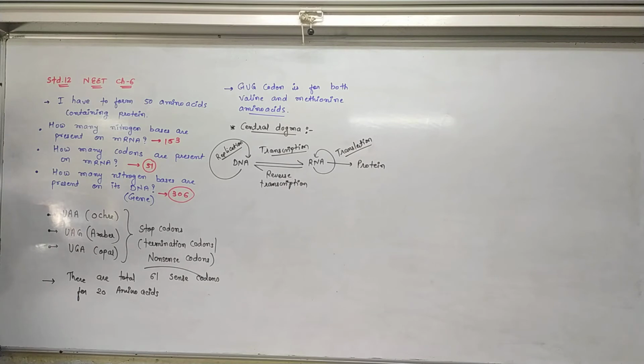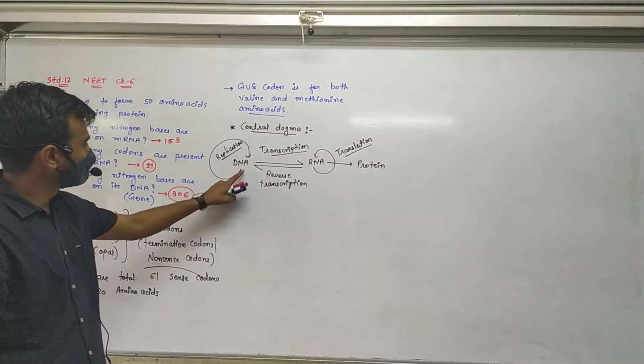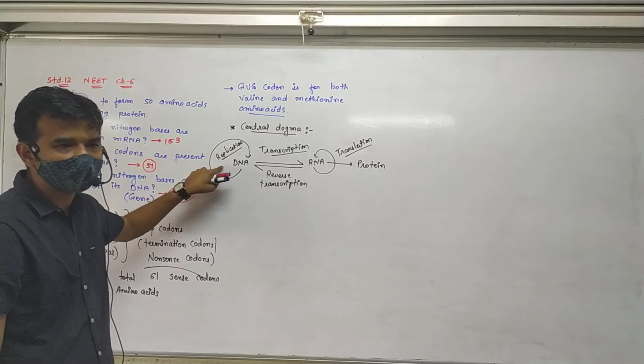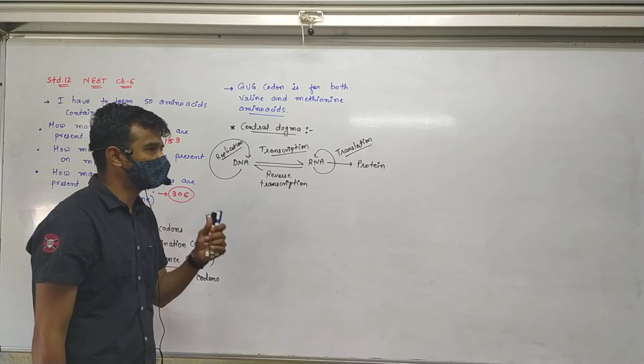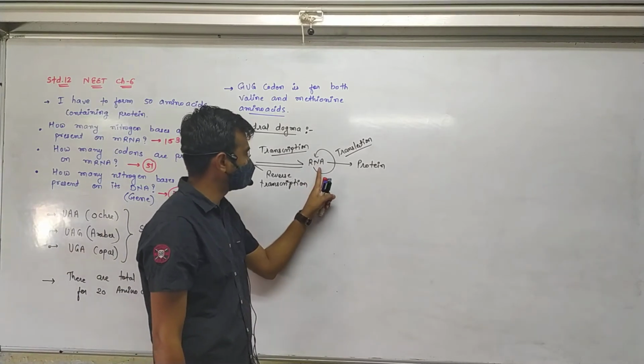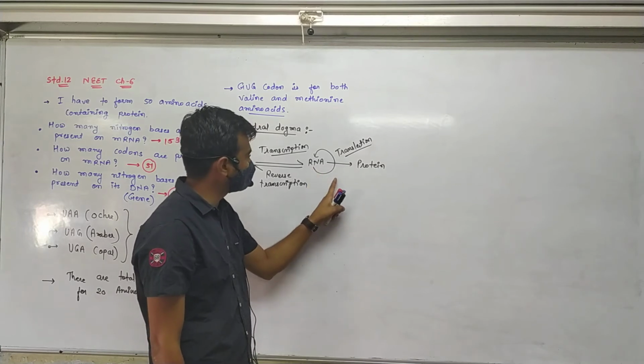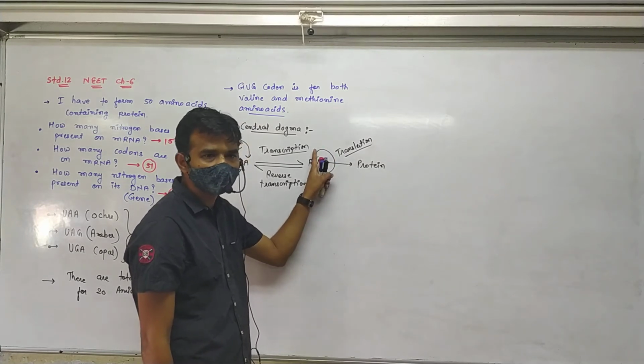In the majority of organisms, DNA is replicated, so DNA is converted into DNA, that is replication of the DNA. In a few organisms where RNA acts as the genetic material, RNA is replicated into RNA.